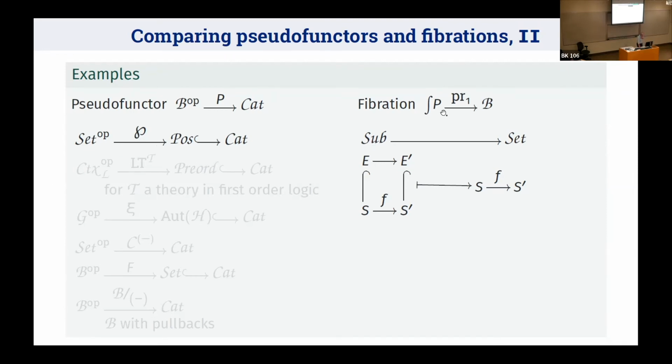A picture in the form of one category and a functor into the base category, the category of sets, suggests that I consider this category of diagrams where the objects are inclusions of a subset into a given set, and arrows are just commutative diagrams.